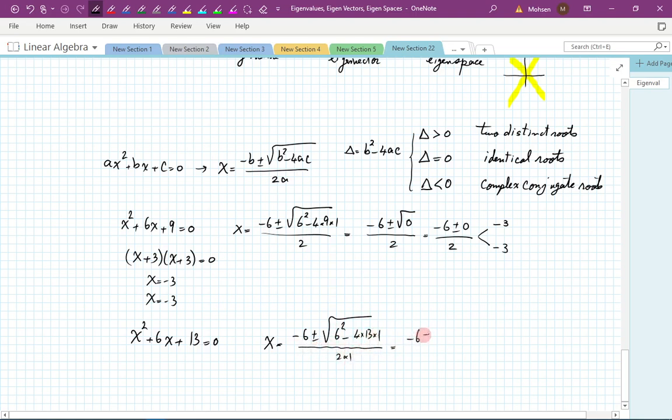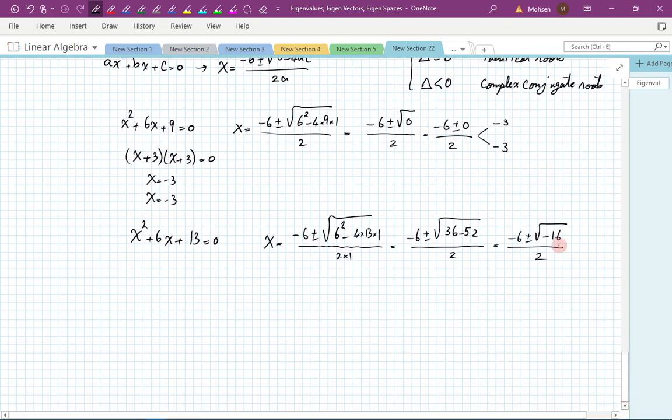So it's minus 6 plus or minus 36 minus 52 over 2. It's minus 6 plus or minus the square root of minus 16 over 2. So here is a whole can of worms.